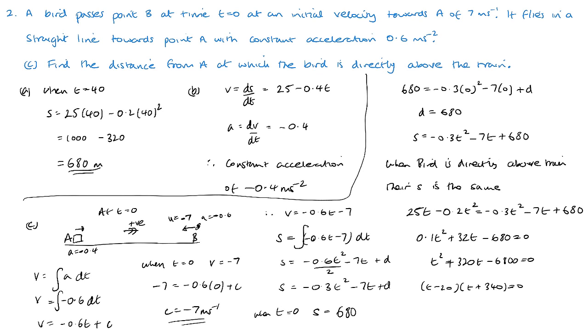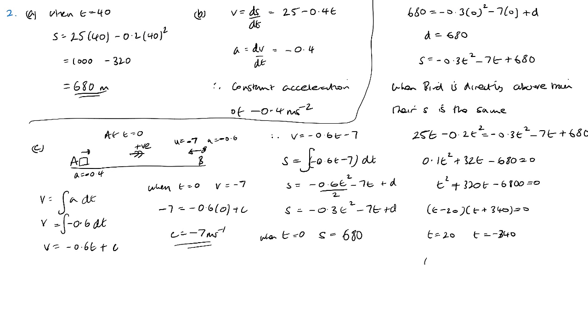And you get 20 and minus 340, so you can work your way backwards to find out your values that go into these brackets. Okay, now since t is positive, now let me just make a bit of room. Now, since t is greater than or equal to 0, t equals 20.